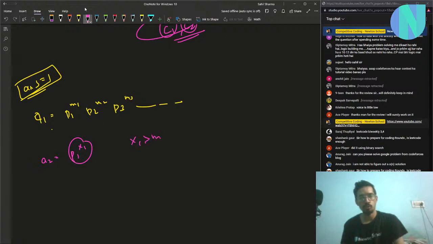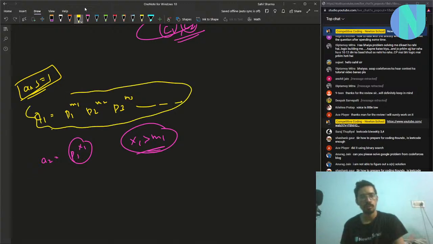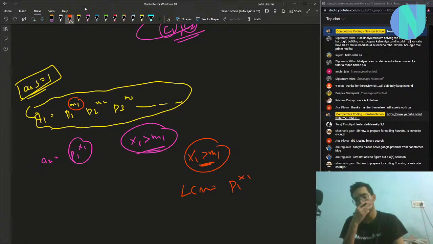if x1 is more than m1, then if we remove this element, the LCM will not be affected, because x1 is already more than m1. So my LCM already has p1 to the power x1. Even if I remove m1, which is smaller than x1, it will not affect my LCM.